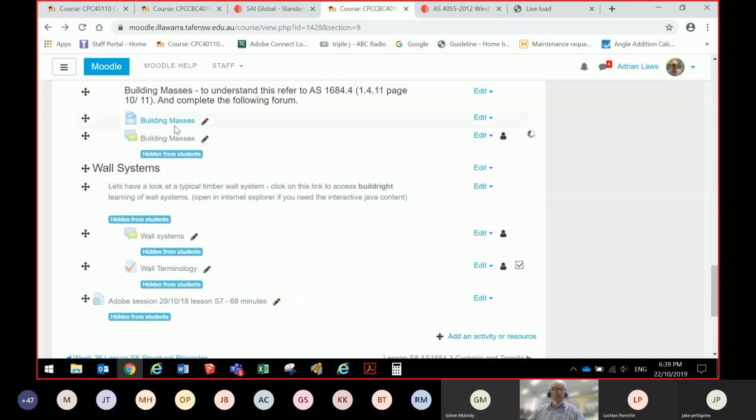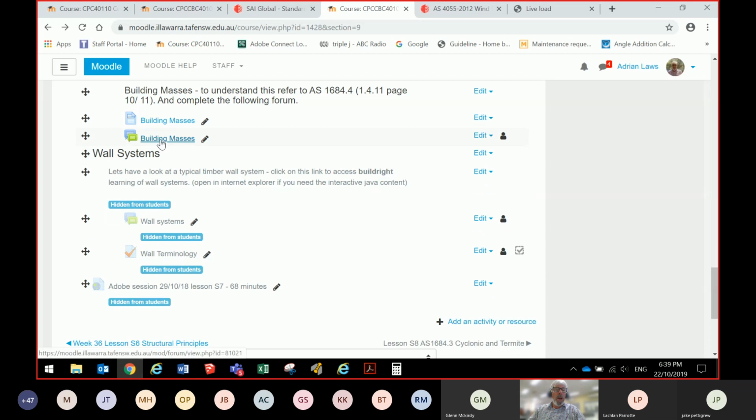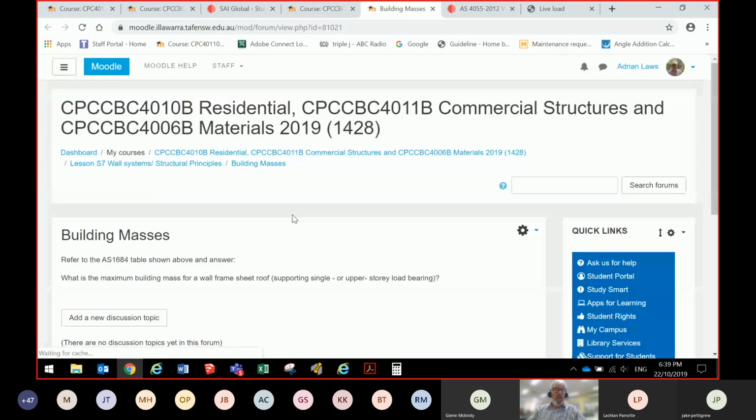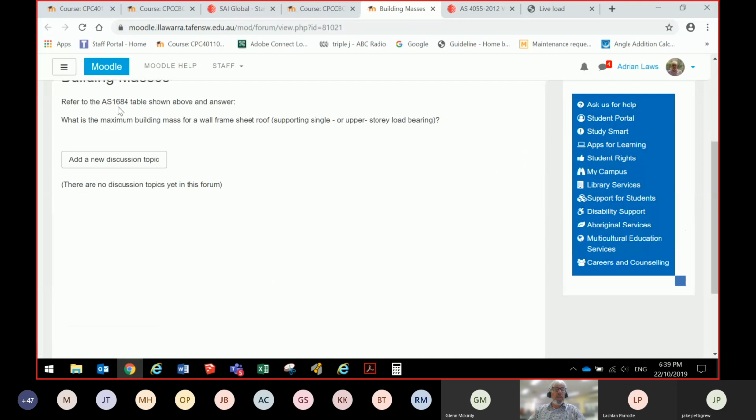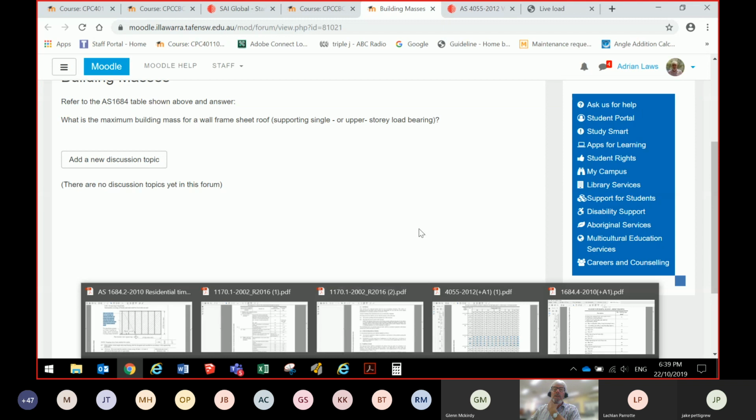There's another little chance for you to get a green box. In this particular case, you can type into this green box, and it's saying to refer to 1684 shown below and answer: what's the maximum building mass for a wall frame with a sheet roof supporting a single or upper storey load-bearing wall? Now, this is going to take you a little while possibly to download that standard and find that, but you can see now where you can get it.